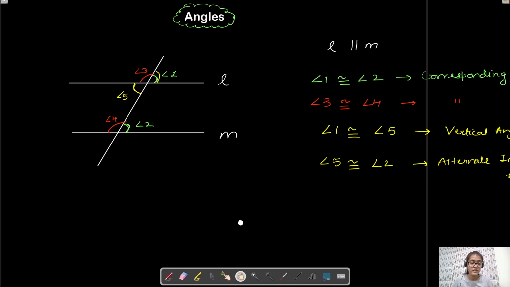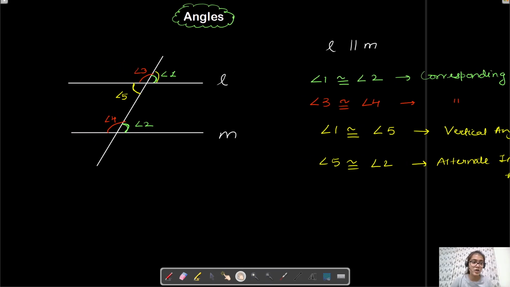Now, similarly, your angle 3 is going to be congruent to this one. Let's call this angle 6. So angle 3 is going to be congruent to angle 6, because again they are vertical angles or vertically opposite angles.